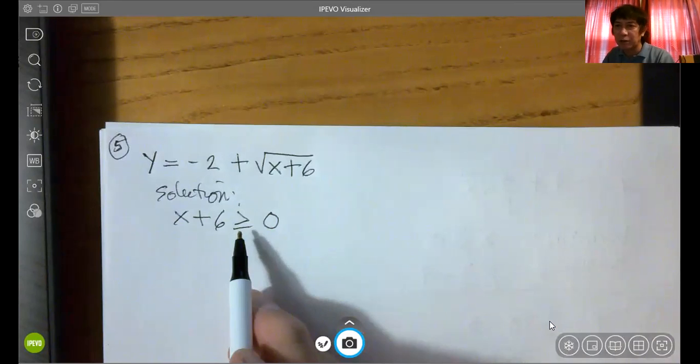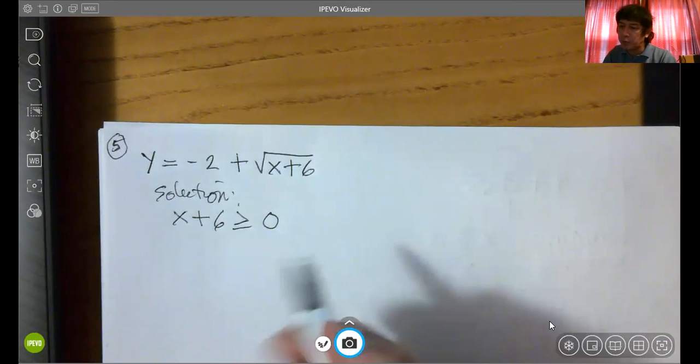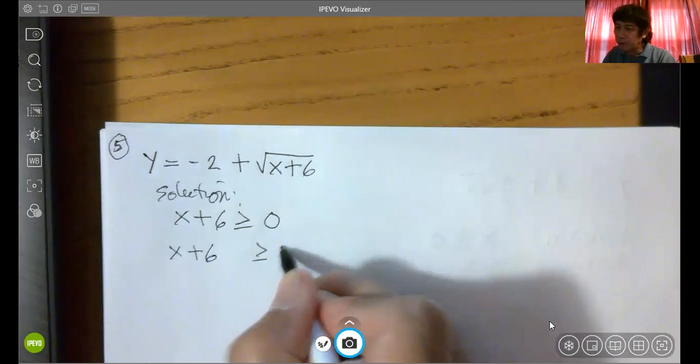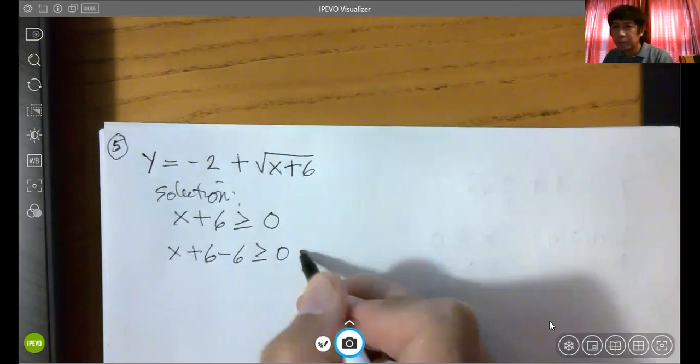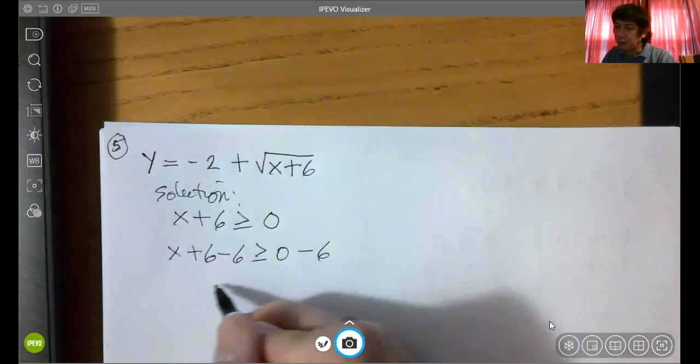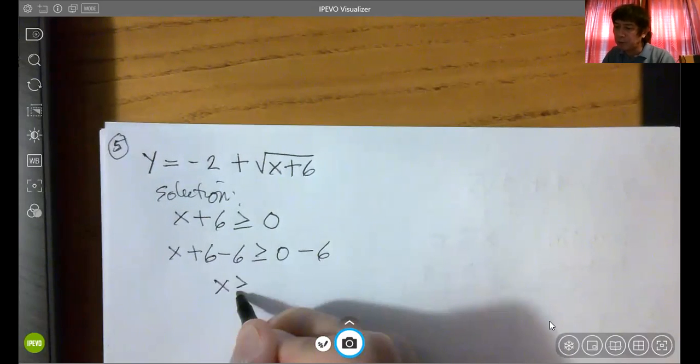We cannot have a negative value there. And then we will try to solve for the inequality. So we simply subtract 6, we subtract 6. And we will now be having x greater or equal to negative 6.